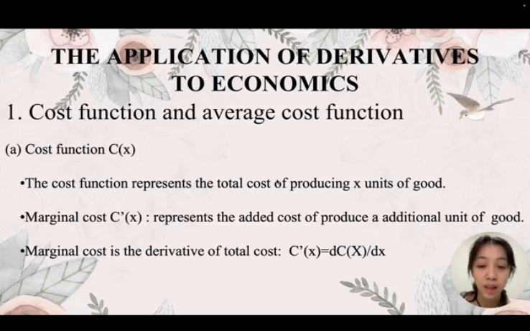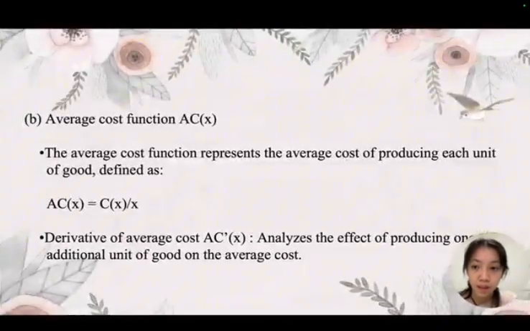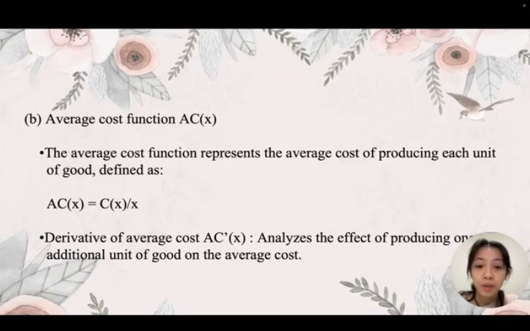It represents the cost of producing one additional unit of good. The average cost function represents the average cost of producing each unit of good. The derivative of average cost analyzes the effect of producing an additional unit of good on the average cost.